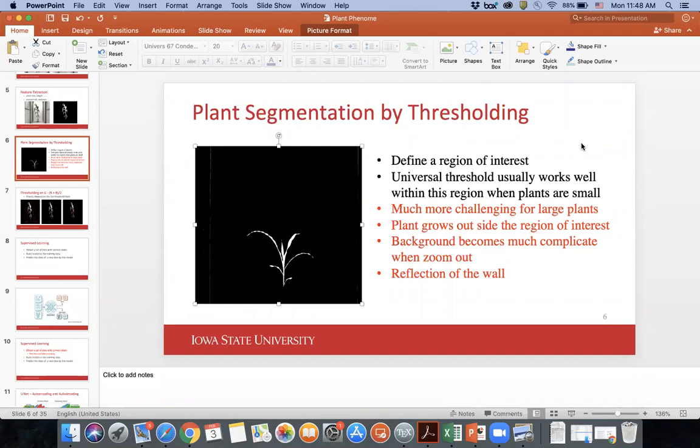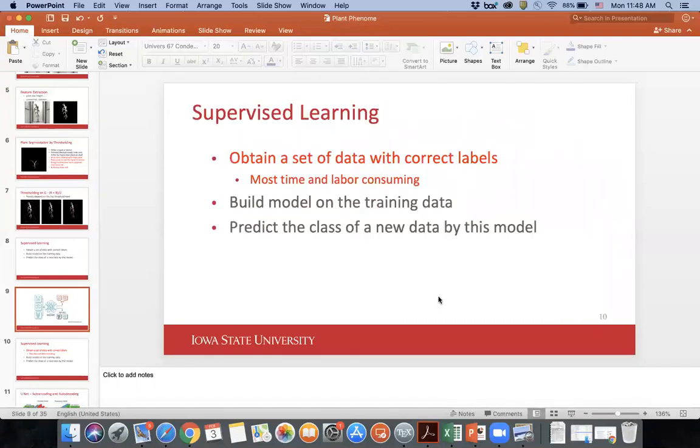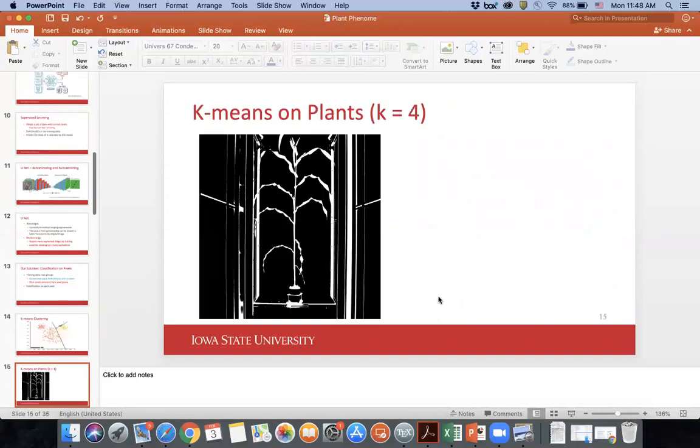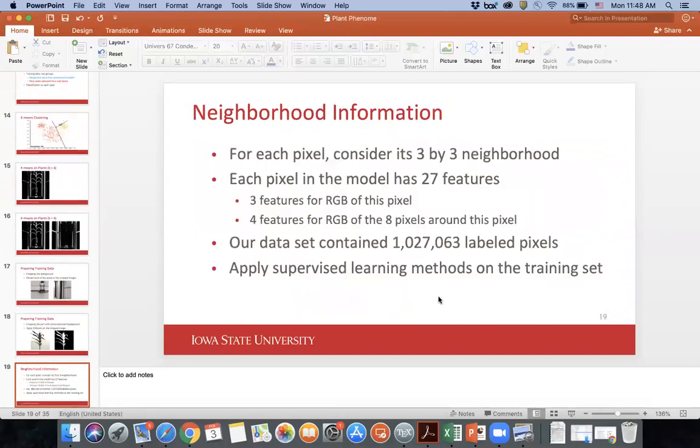So in our paper, we tried unbalanced training data and balanced training data. As I mentioned, we have 1 million labeled pixels as training samples.